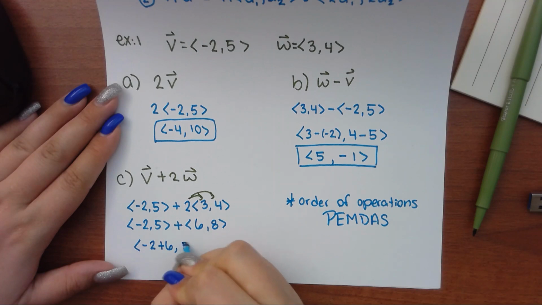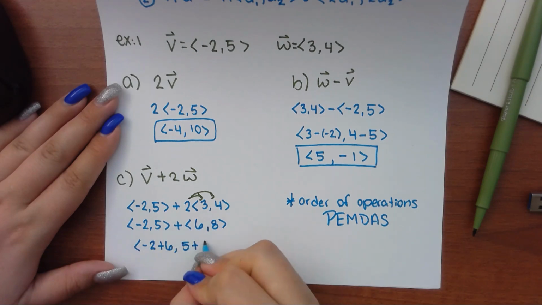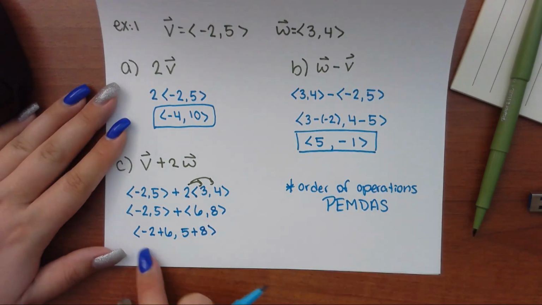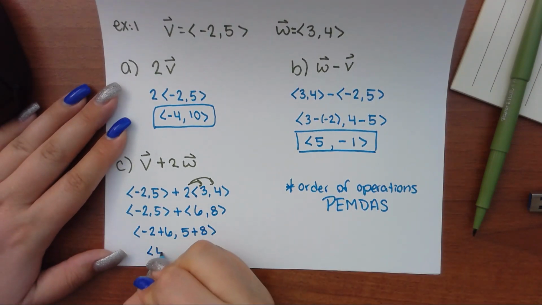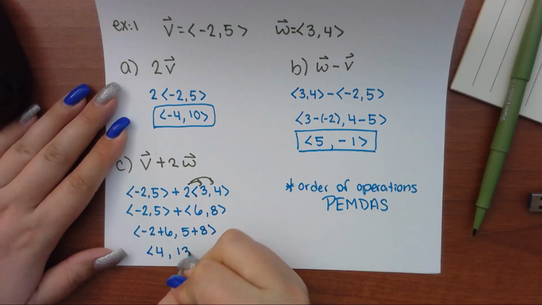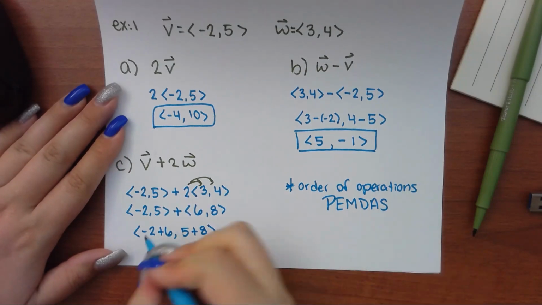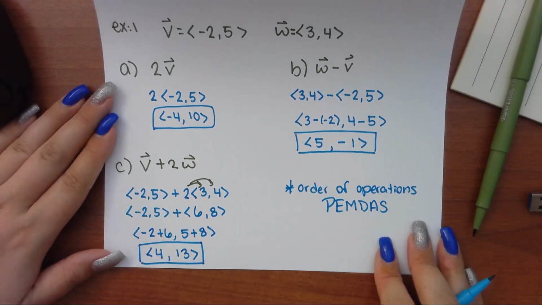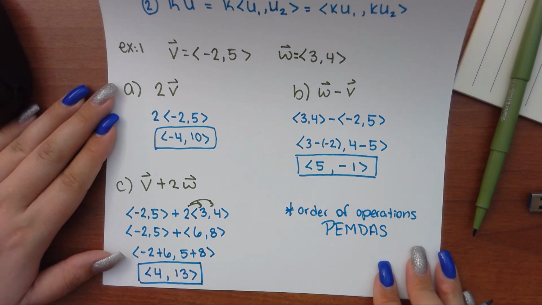Remember, x with x and y with y. Negative 2 plus 6 is 4, and 5 plus 8 is 13. And there you go. That would be one complete example of how to use those two properties above.